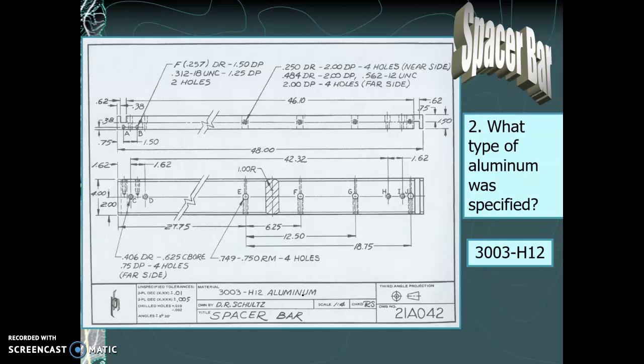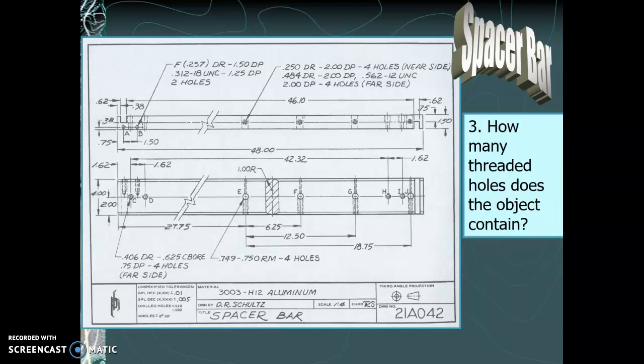It's usually an alloy of some type mixed with other metals, and so there are probably hundreds of different types of aluminum. And so 3003-H12 is just indicating the specific aluminum alloy that was being used.